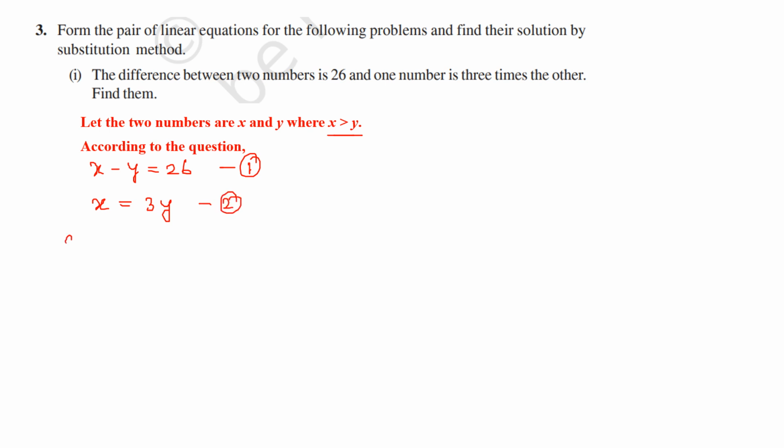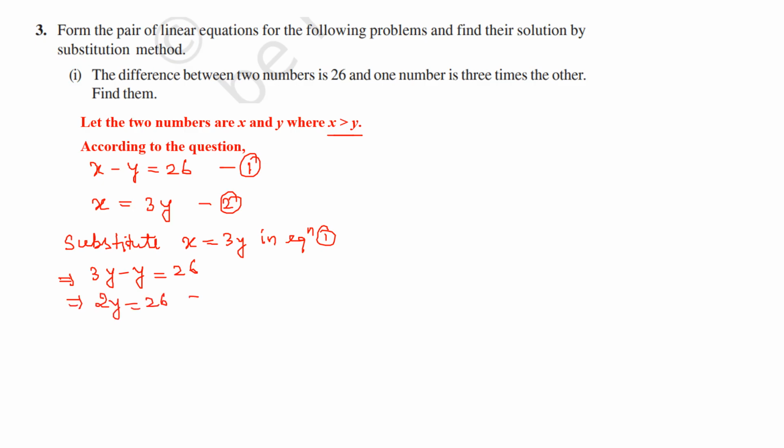Now I am going to substitute x equal to 3y in equation 1. So I will get 3y minus y equal to 26, which will give me 2y equal to 26, and from here I will get the value of y as 13.